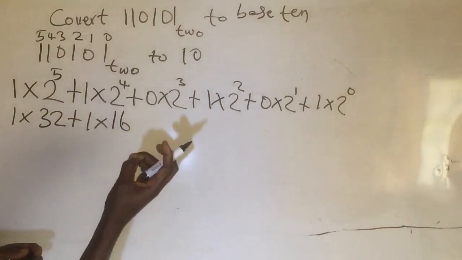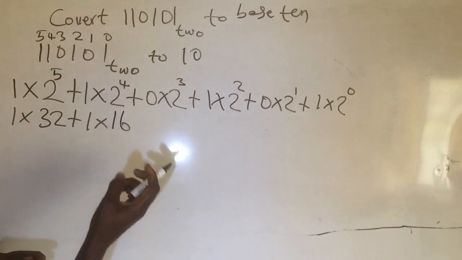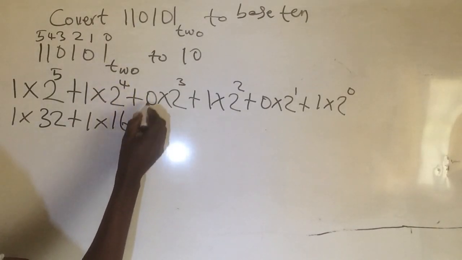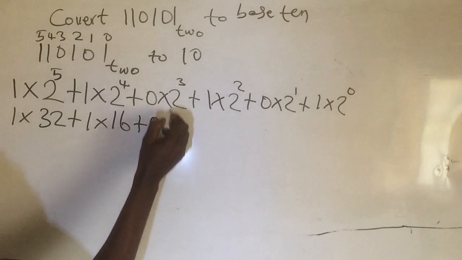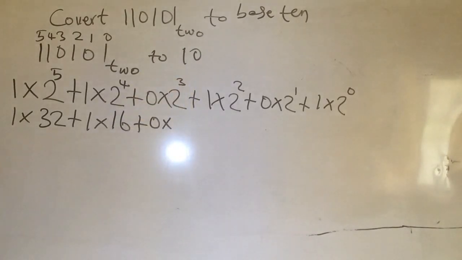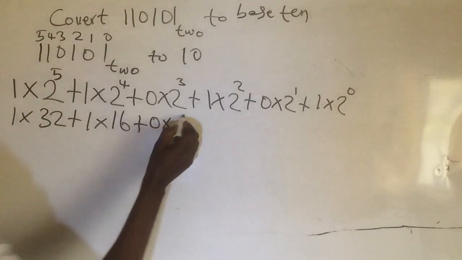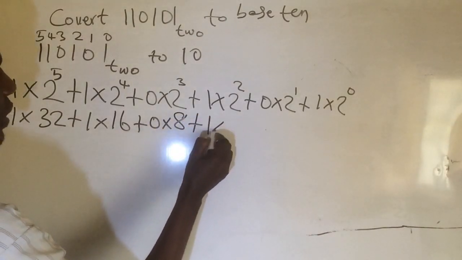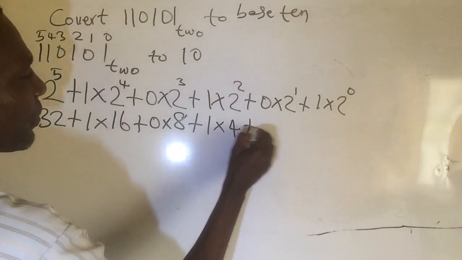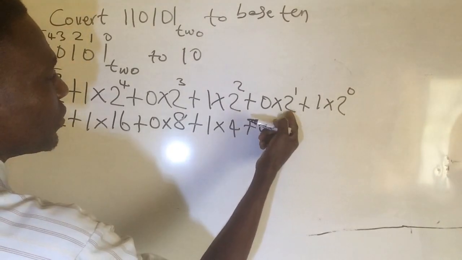That is 2 times 2 is 4, times 2 is 8, times another 2 is 16, plus 0 times 2 raised to power 3, which means 2 times 2 times 2, which is 8, plus 1 times 2 raised to power 2. This means 2 times 2, which is 4, plus 0 times 2 raised to power 1.